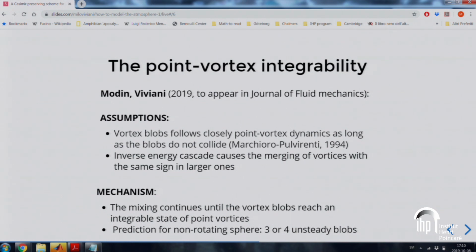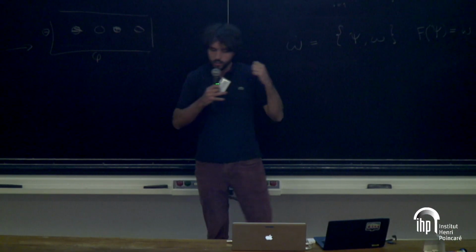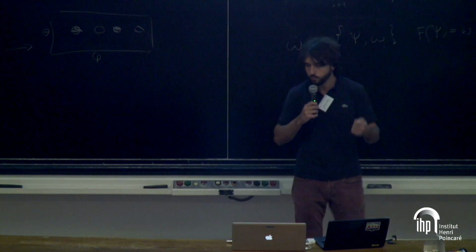We start from an initial vorticity, and the mixing of vorticity continues until the vorticity, thanks to the inverse energy cascade, accumulates at large scales and creates a certain number of blobs. So when does the mixing stop? The mixing stops when we reach a number of blobs that corresponds to an integrable state of point vortices.